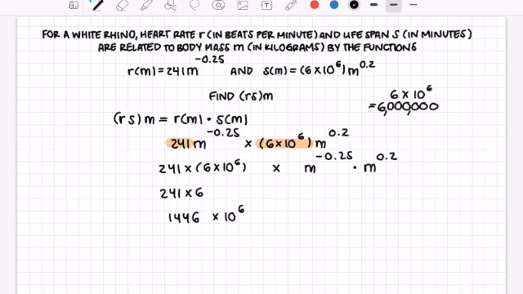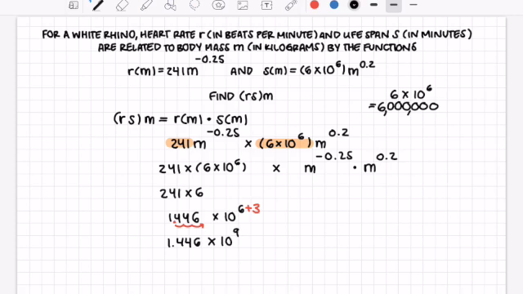And just a reminder, whenever you're dealing with scientific notation, they always want the decimal to be after the first digit. So if there is more than one digit, you always want the decimal there. So I'm moving that decimal 1, 2, 3 spaces, so I need to add 3 to the 6. So we get instead 1.446 times 10 to the power of 9.